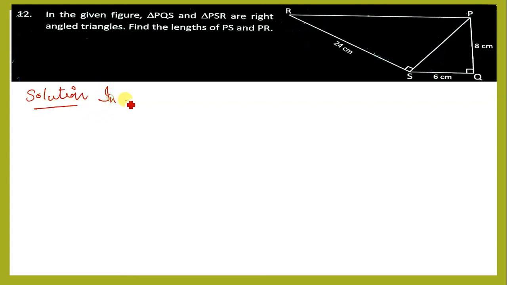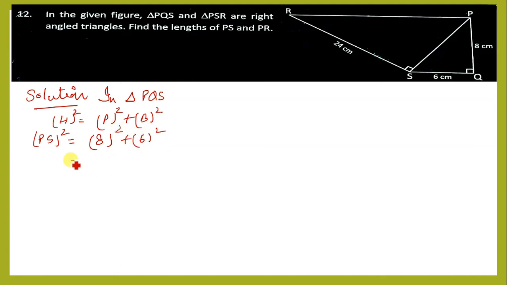In triangle PQS, hypotenuse square is equal to perpendicular square plus base square. What is hypotenuse? That is PS that you have to find. Perpendicular is 8, base is 6. 64 plus 36, and it will come 100.